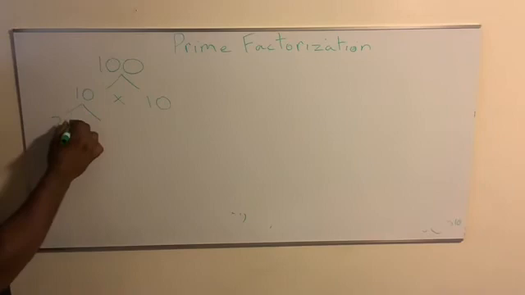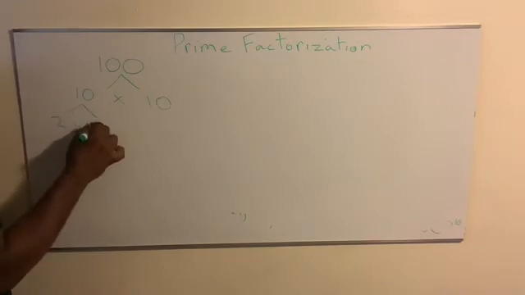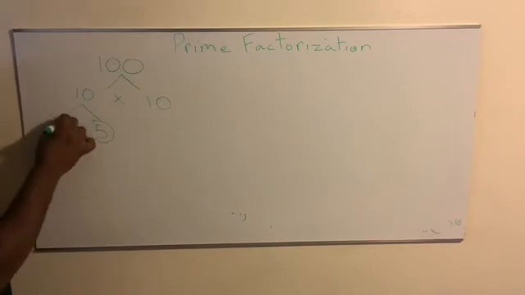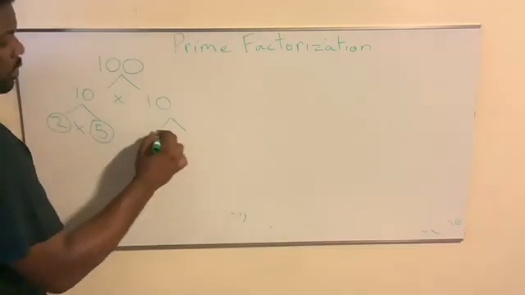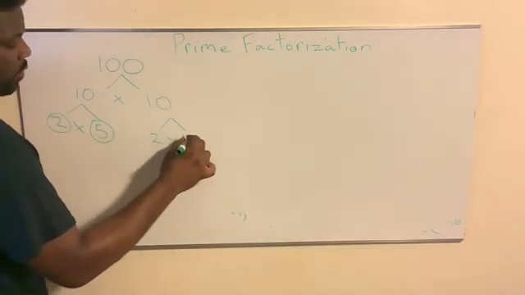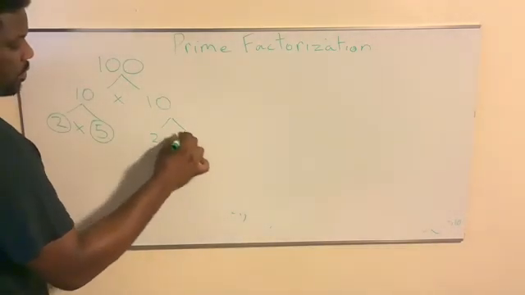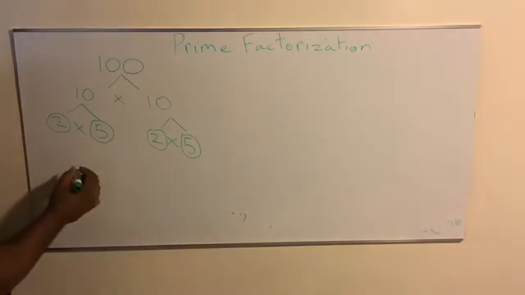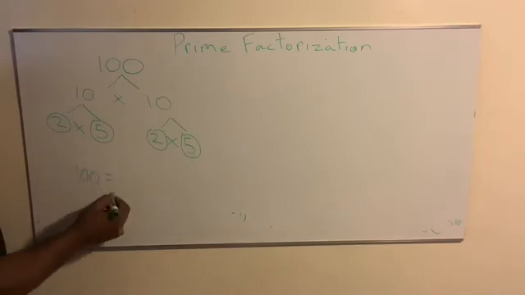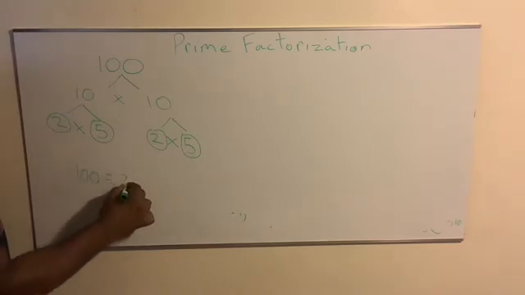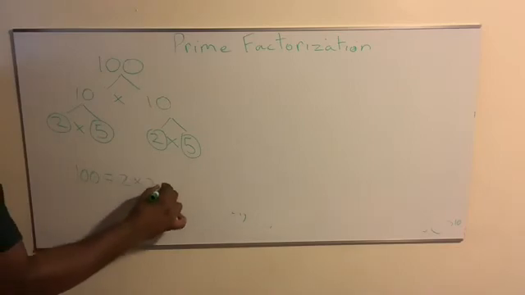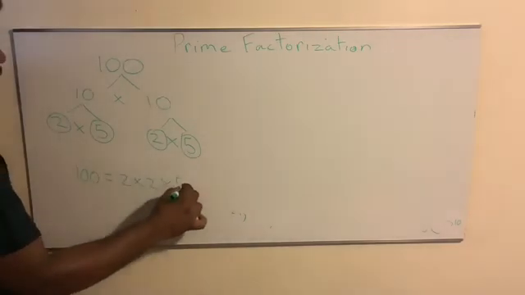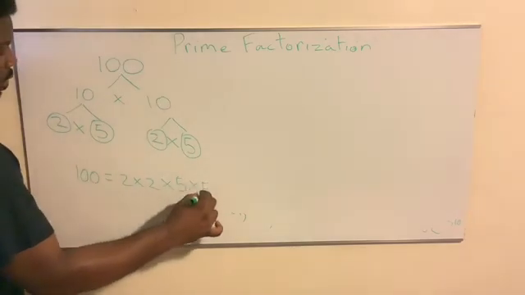I have 2 times 5, 2 and 5 are prime, and I also have 2 times 5. So 100 is equal to 2 times 2 times 5 times 5.